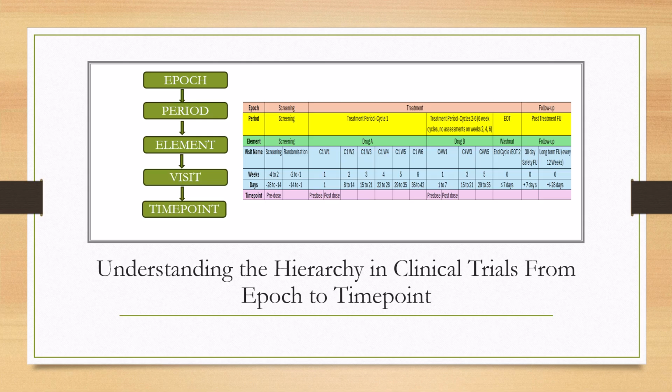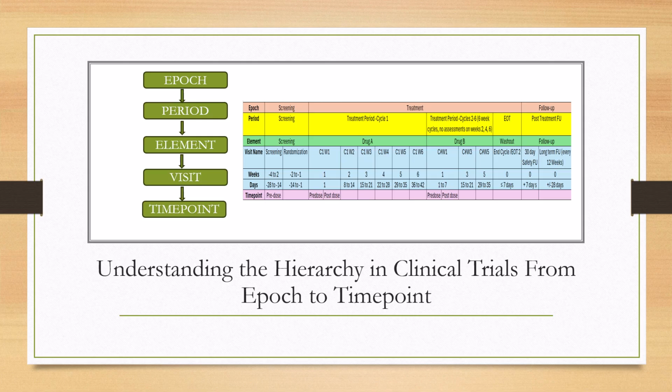Then at the epoch level, if we want to go till the epoch level, again there will be further categorization. We can give an epoch for these periods in this way: the period screening can be categorized as the epoch screening, the treatment period cycle 1 and treatment period cycle 2 to 6 can be classified under the treatment epoch, and similarly the follow-up period can be classified under the follow-up epoch.